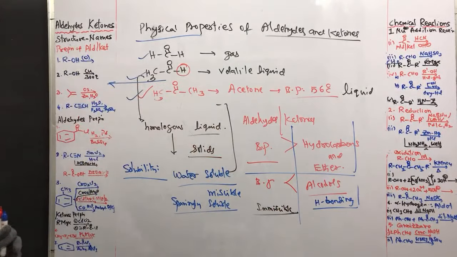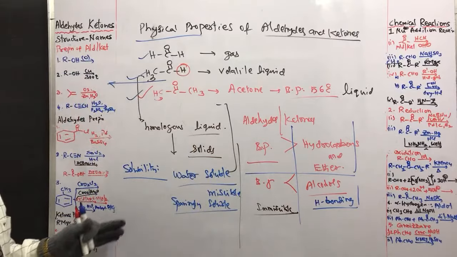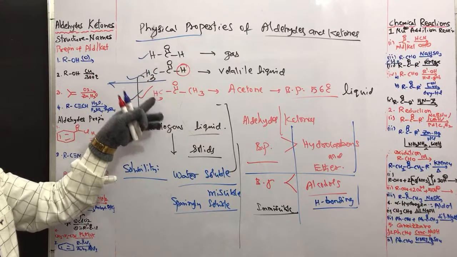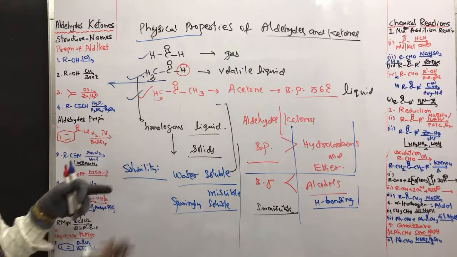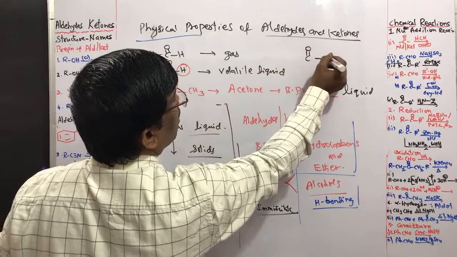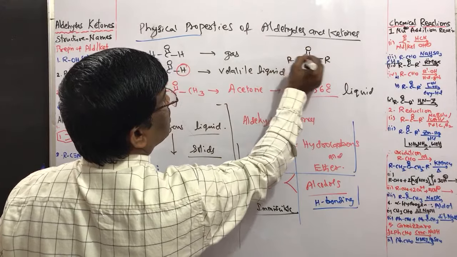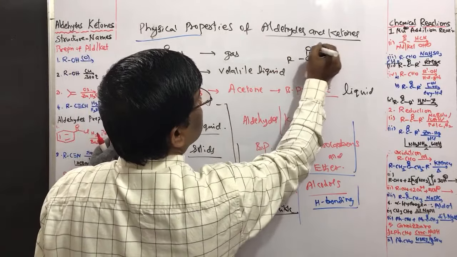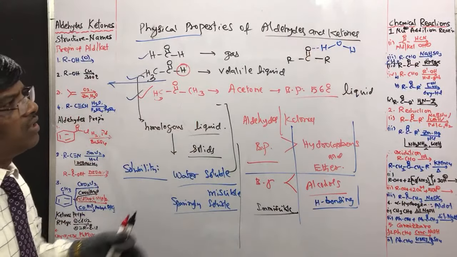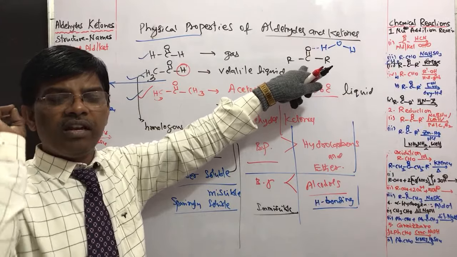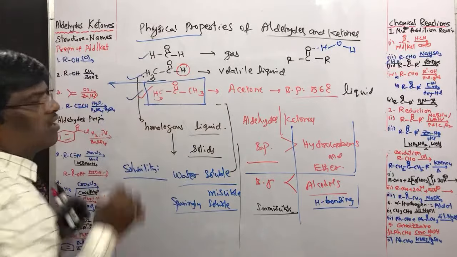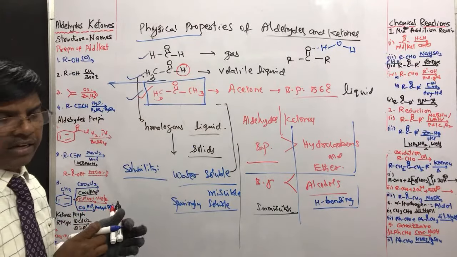So the solubility depends on the molecular weight. The lower molecular weight compounds are soluble in water because these compounds form hydrogen bonding with water. That is why acetone is soluble in water, and acetone is used as a solvent for washing in the organic synthetic laboratory.